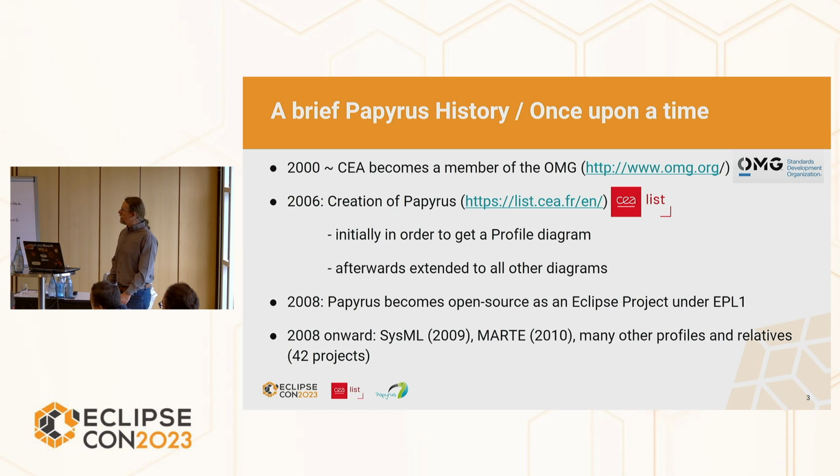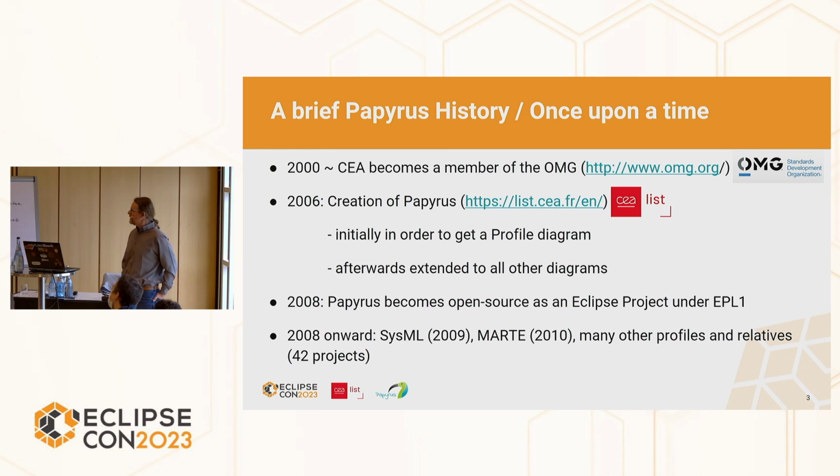So, in 2000, the CEA becomes a member of the OMG, an organism in charge of standardization. This organization standardizes many languages like UML, SysML, and others.